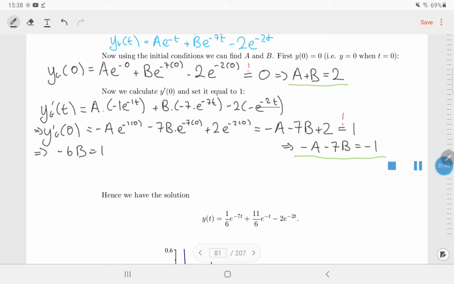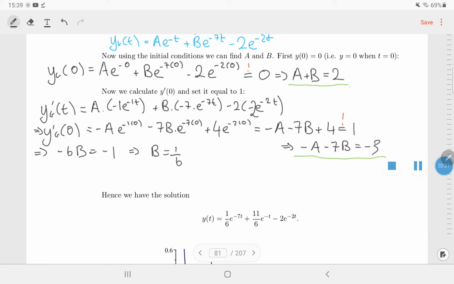So this should be 2, this should be 4, and I'm sorry not to be rubbing it out, but that's what it should be. Then this number here should be minus 3, and if I add them together, this should be minus 1. My apologies. So divide both sides by minus 6, and I get that b is equal to 1/6.